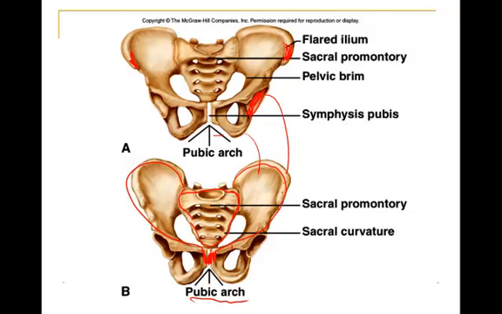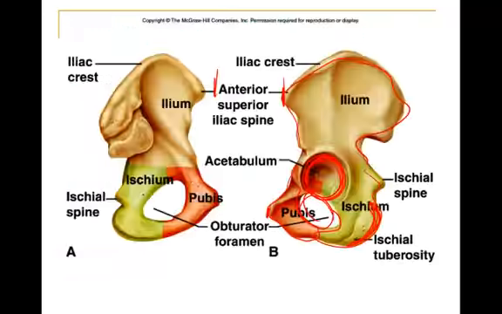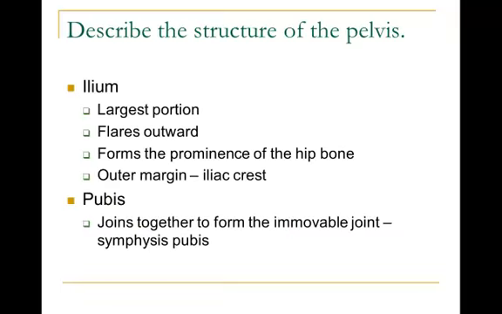The ischial spines are an interior marking. I'm going to show you on the other picture right here. They're right here. And the picture in your textbook shows it quite well as well.